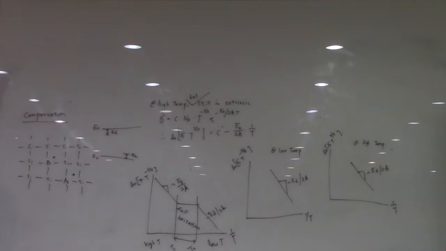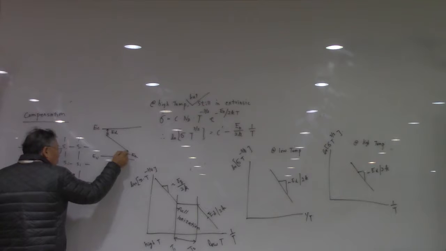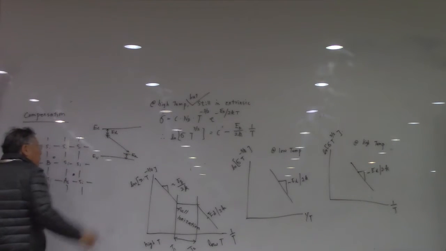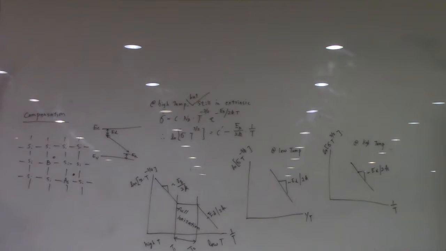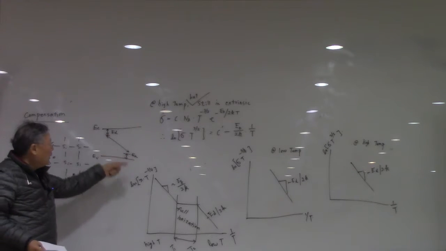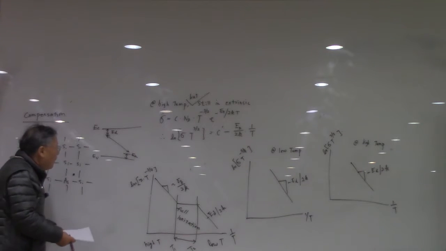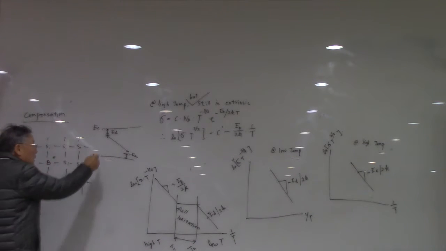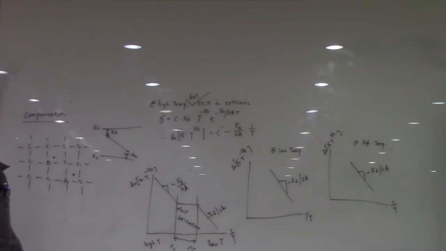And if you draw that in a flat band diagram, what you can do is you can just move the electron to this acceptor, something like this. And in this flat band diagram, it seems that this is a huge energy for that.